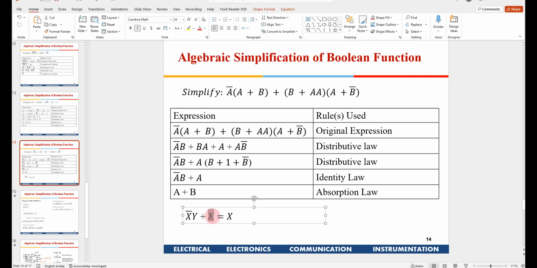See, if x is equal to 0, did I write it correctly?